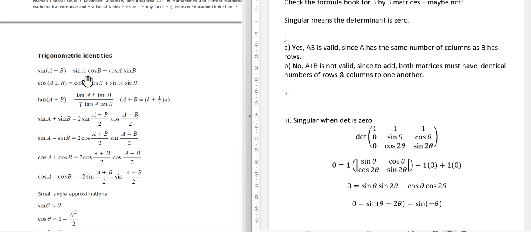I need to be looking at cos A plus or minus B. What I have here is the negative of cos theta cos 2 theta minus sine theta sine 2 theta. And the negative of that is 0, so that thing is 0, and that thing happens to be cos of theta plus 2 theta.